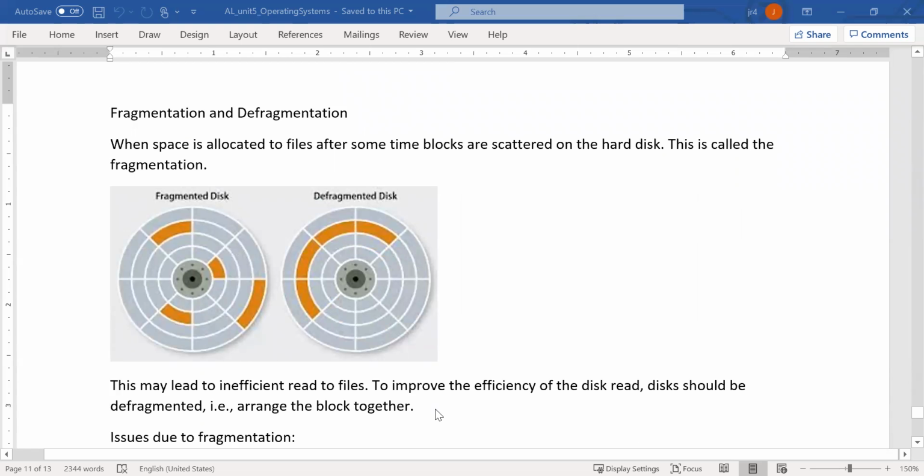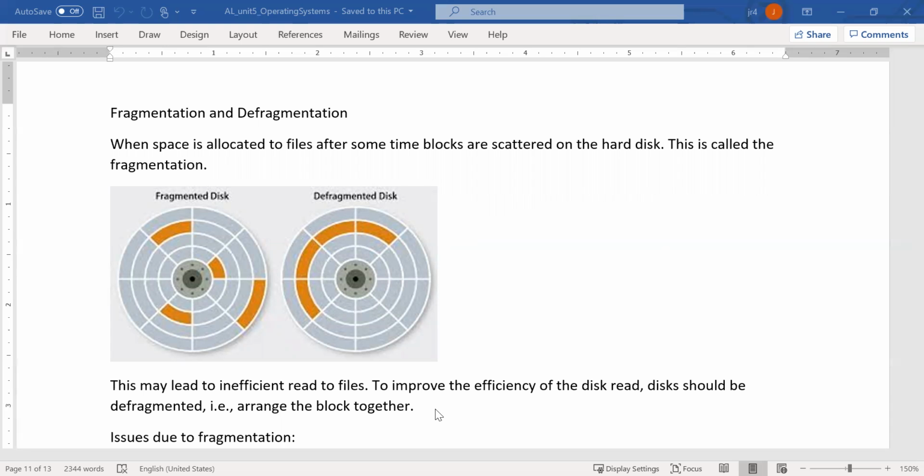And finally, we were discussing fragmentation and defragmentation. Now we discussed how files are allocated into pieces, and the problem might be after some time, some of the blocks might be here and there, in different places. This is called fragmentation. The process of defragmentation is you get all these pieces together and keep them in one single place.